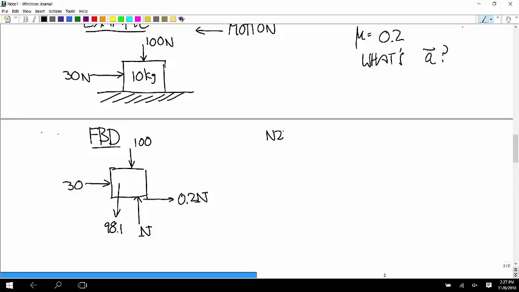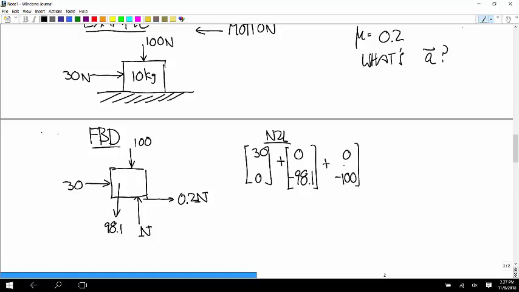And so Newton's second law says 30, 0 plus 0, negative 98.1 plus 0, negative 100 plus 0, n.